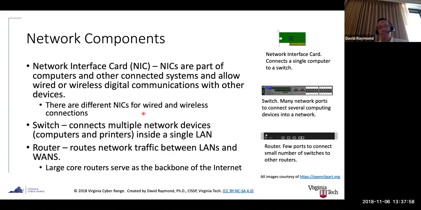So if you have a laptop that has an RJ45 port in it that you could plug a Cat5 cable into, that is going to have a wired network interface card built into it, and it's going to have a wireless network interface card to do Wi-Fi communications with a wireless access point. So all network connected devices have to have a wireless interface card, or that functionality has to be built into the motherboard.